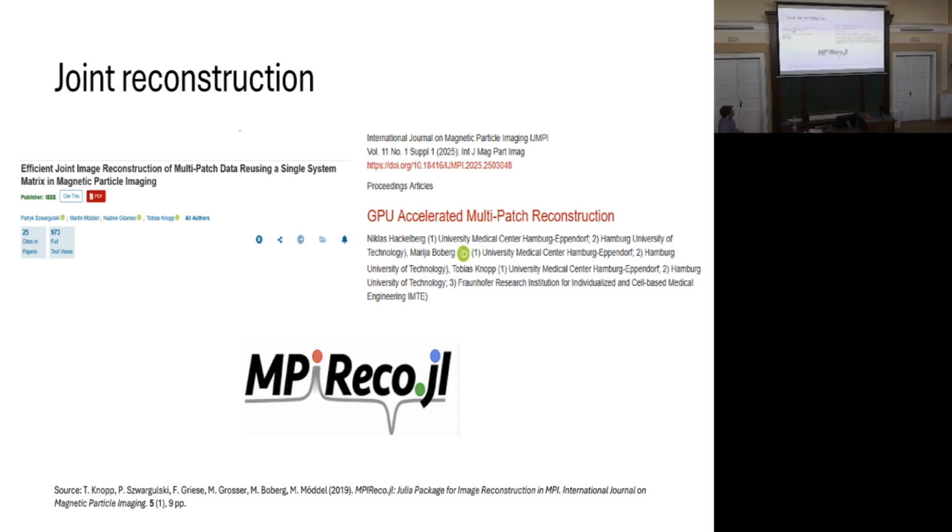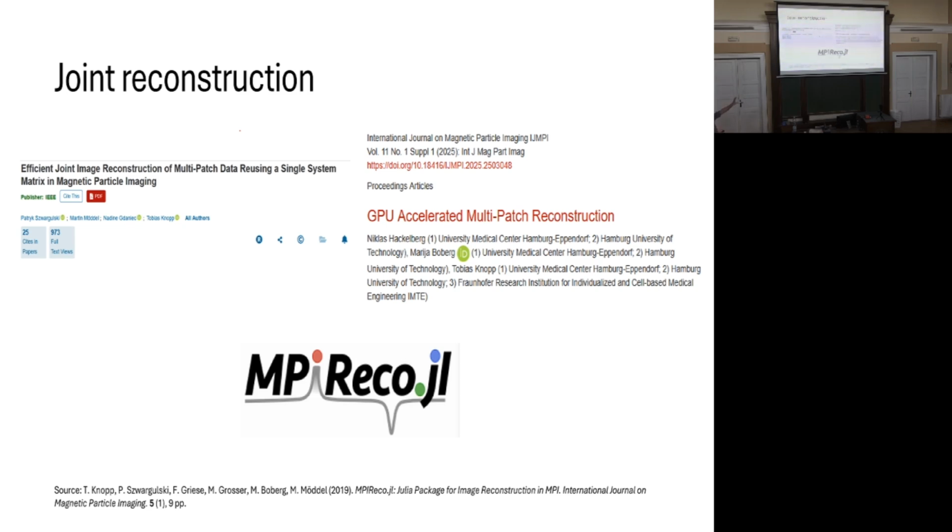packages. At the international conference on MPI, they introduced some GPU acceleration for the multi-patch reconstruction. So they are trying to improve these packages, and they're still adding new functions. You can find it here.